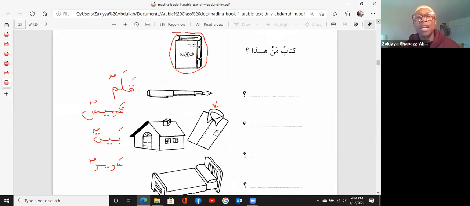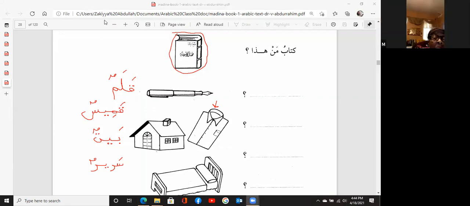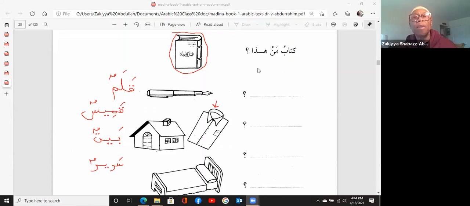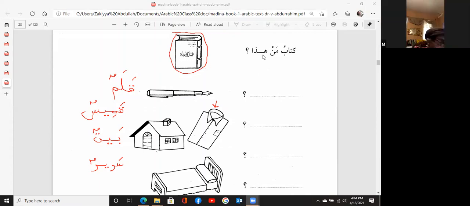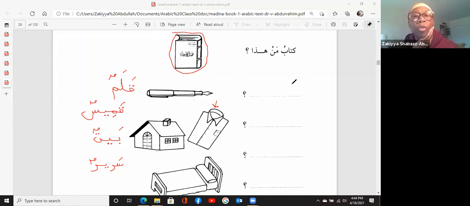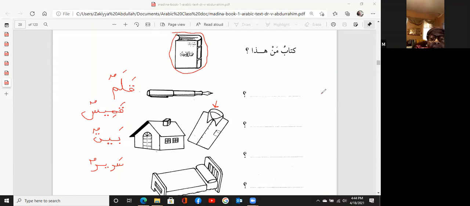Okay, so let's do the first one. Who wants to do the first one? You want to make a question just like the first one. Kalimu min hadahi. Whose pen is this? So Kalimu.